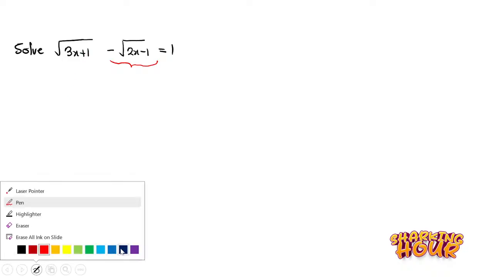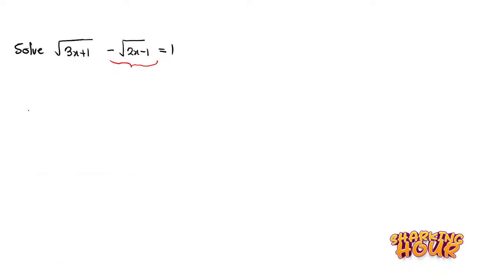All right, so if I do that, I'll have the root of 3x plus 1, and this will be equal to my 1 over here, and then the negative root 2x minus 1 that I sent to the other side of the equal sign will now become plus root 2x minus 1.